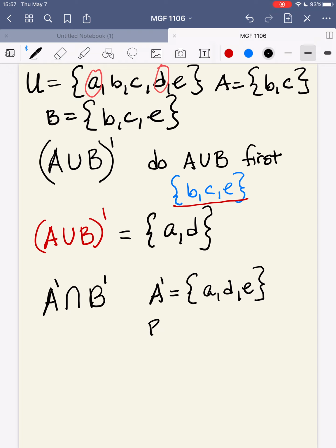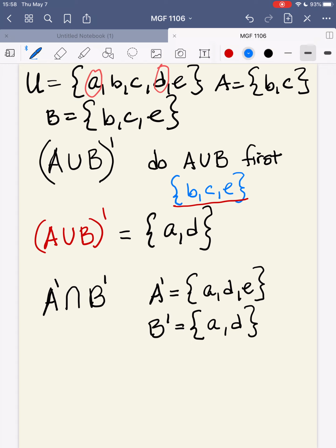Then I need to look at my B complement. So what we have that are not in B. Okay, so B is B, C, E. The things that are not in B are A and D.